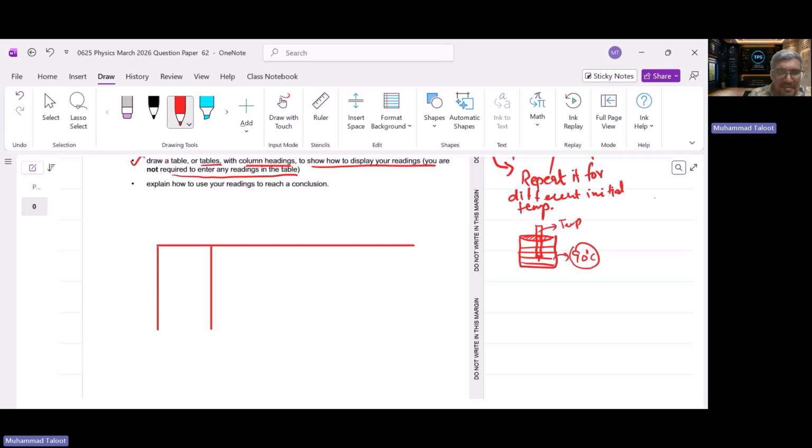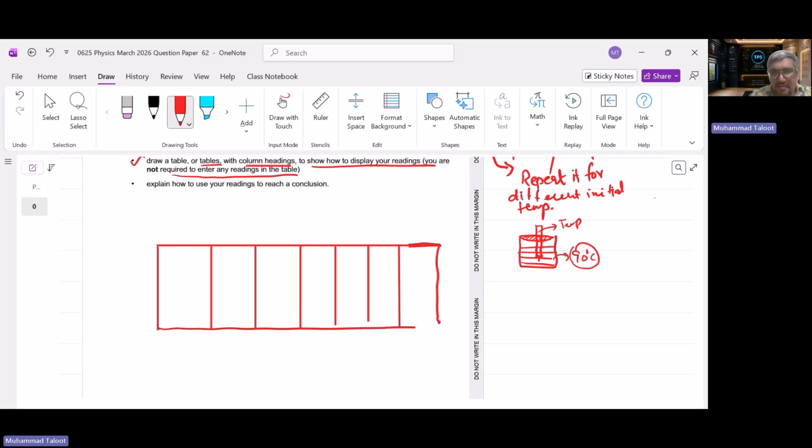Then temperature, one temperature, second temperature. At least 3 is important. 4 or 5 can also be, but 3 are fine. Then we have rate of cooling as well, which you are measuring according to the time.